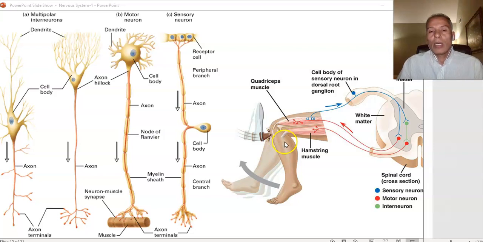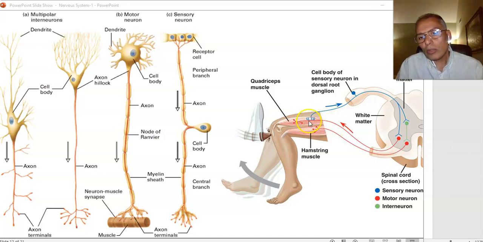So here, you have a cap that is connected to a tendon of a muscle called the quadriceps muscle. And then out of that, you have sensory neurons. They just put one single neuron, but it doesn't mean it's only one. There are many of them, but we just use one as an example.